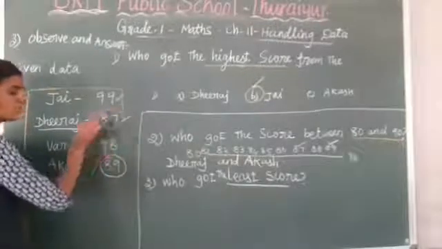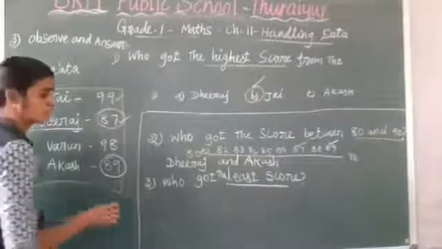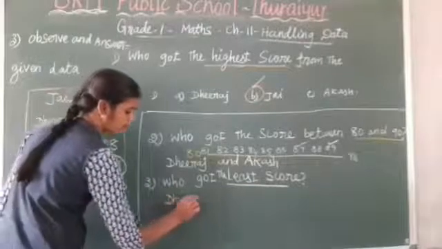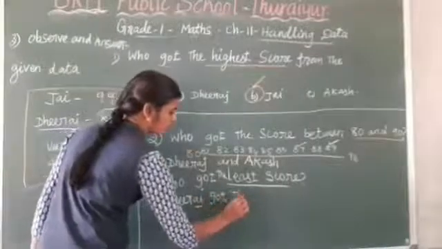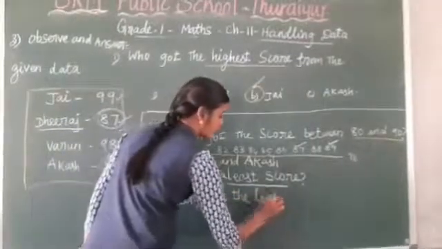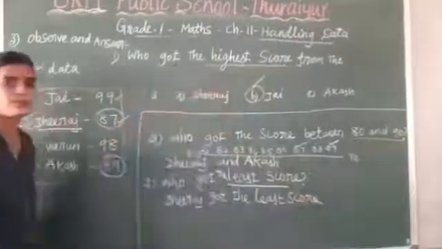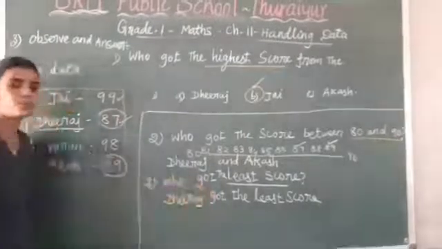So Dheeraj got the least score. Understand?